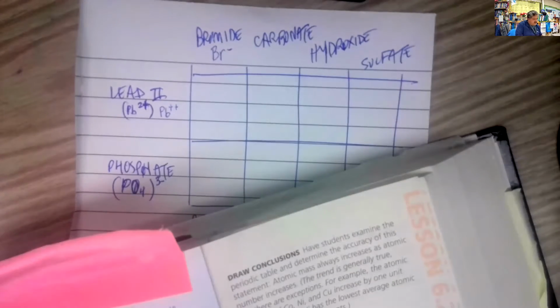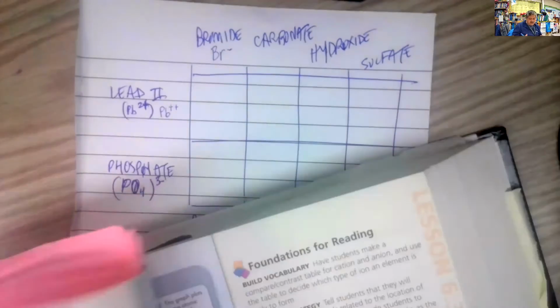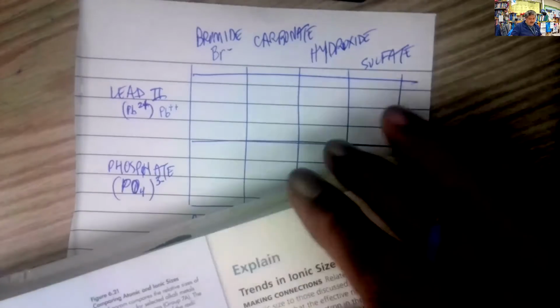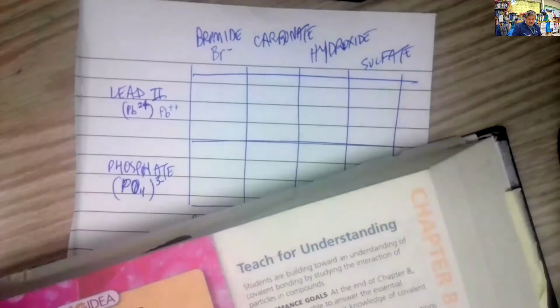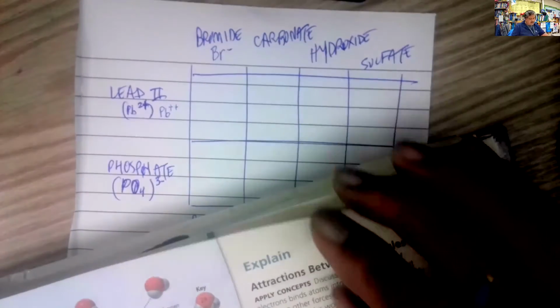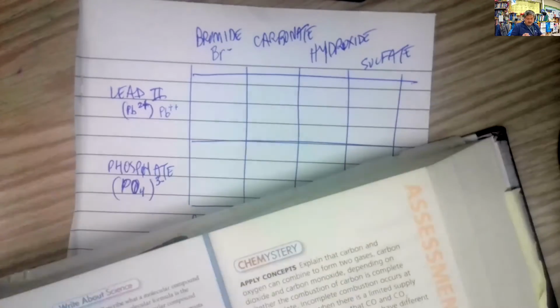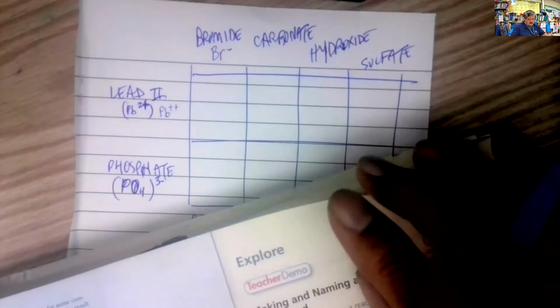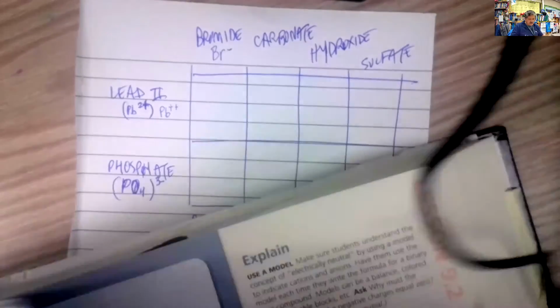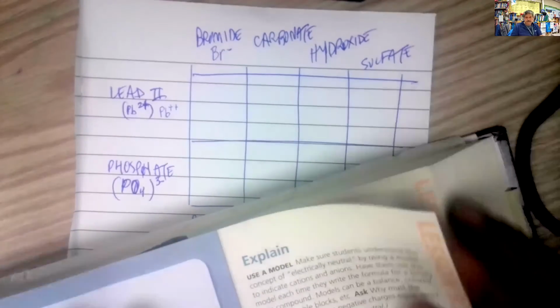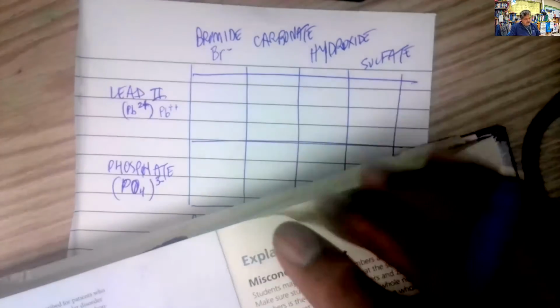There's another page that's really important, and it has to do with polyatomic ions, and we're in chapter 9 now, right? So probably way up here. Polyatomic ions. Oh, getting closer. Let's see.